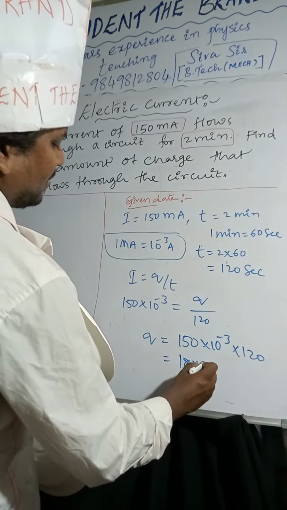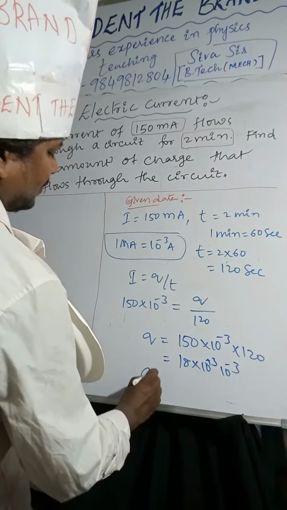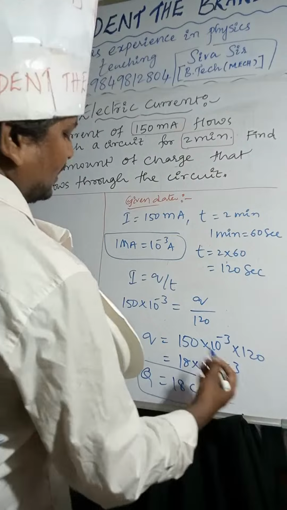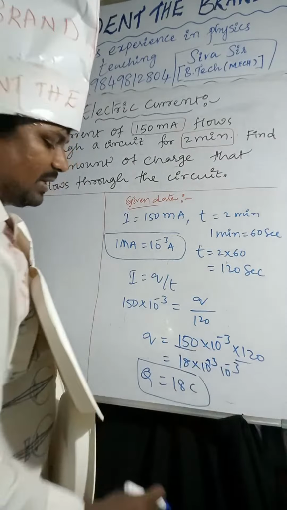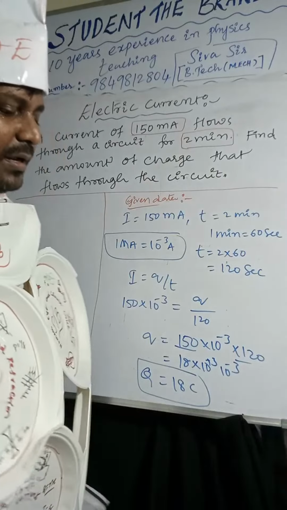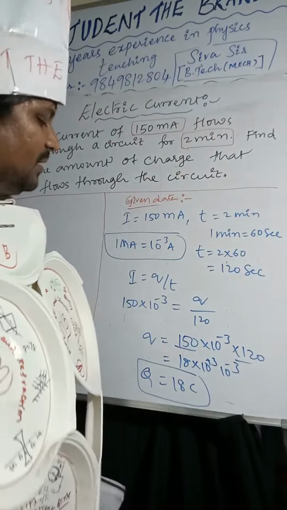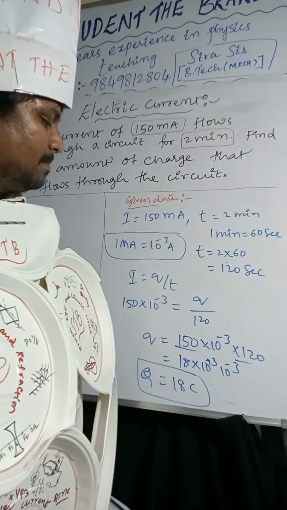Then Q equal to 18 coulomb. This is the answer. If you multiply this and this, you'll get 18. So automatically you'll get the answer. Check once, you can multiply, you'll get it.